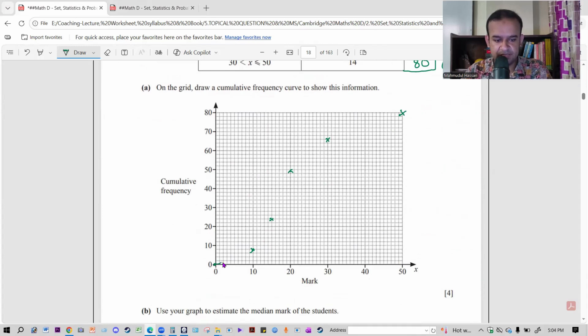Now simply connect the values, then you will have a curve, which is our cumulative frequency curve. So this is the cumulative frequency curve.